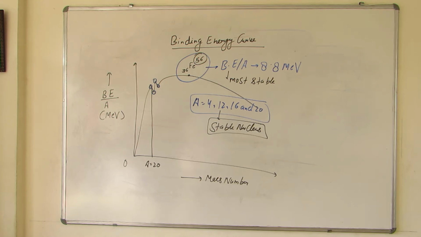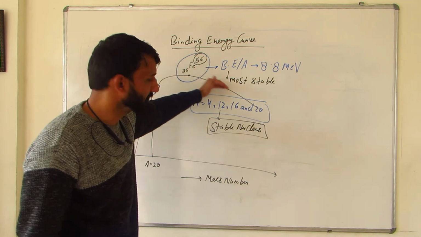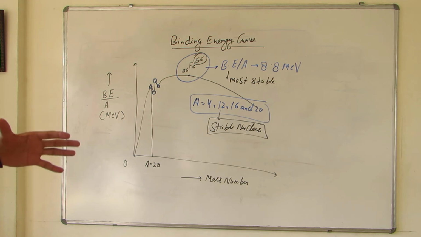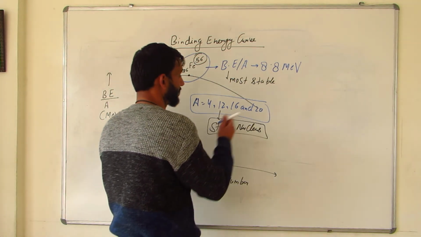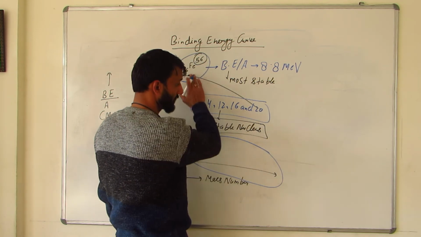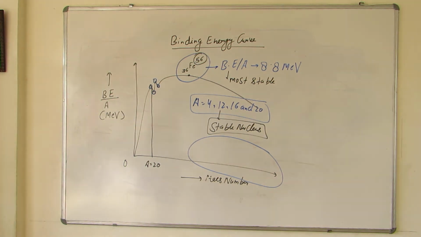Next, after 56, as we increase the mass number, binding energy per nucleon decreases. It means that for nuclei with a mass number greater than 56, it is easier to break them apart, and therefore they have lesser binding energy per nucleon. These nuclei, since they have greater mass number, tend to break off quickly.